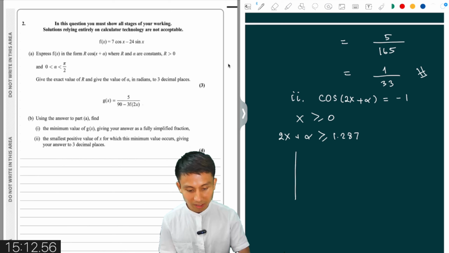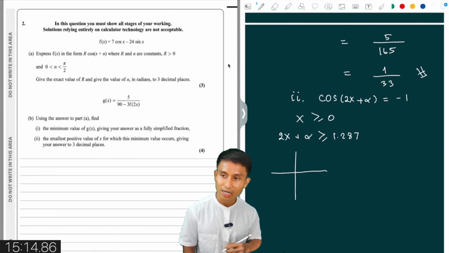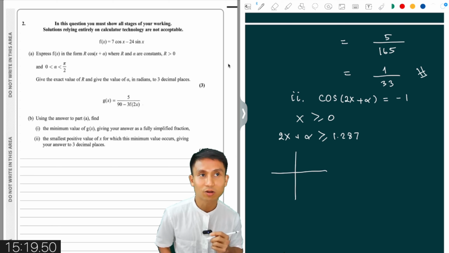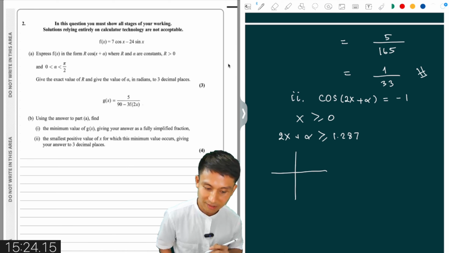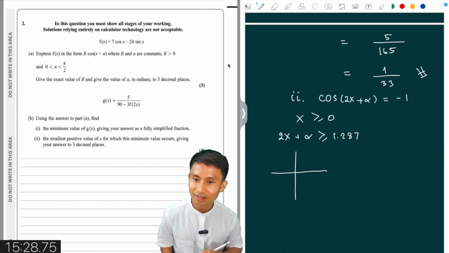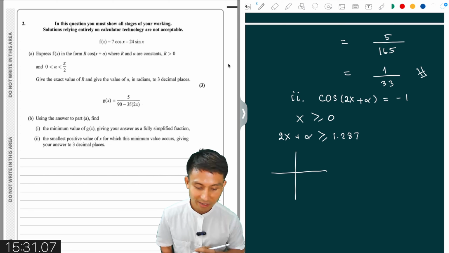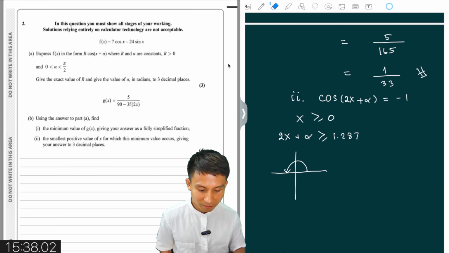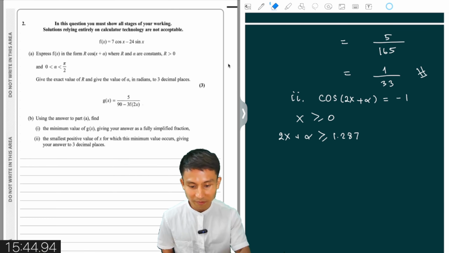If you look at the CAST diagram, how do we get cos of -1? It's cos of pi radians. Cos pi is -1, and it's the only one in the one period cycle that gives you -1. So it's pi or minus pi, but we need it to be greater than 1.287. So that's going to be pi there.